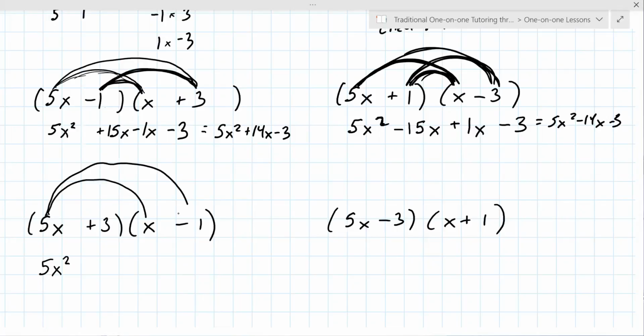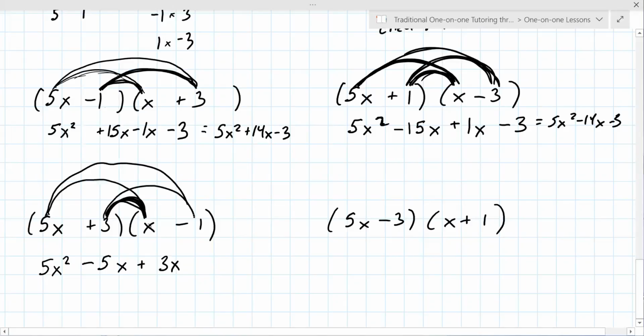Negative 5x, perfect. 3 times x, that's our inner. What is 3 times x? Just 3x, there's only an x here. And what is 3 times minus 1? Negative 3. Perfect. All right, let's do one more over here on the right.